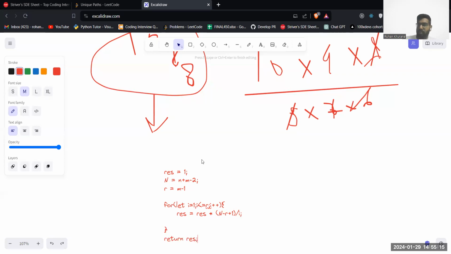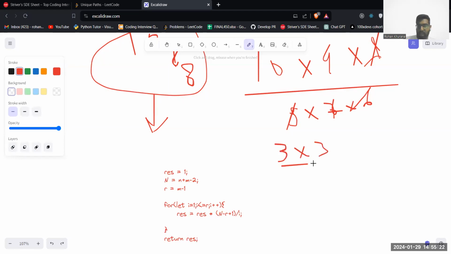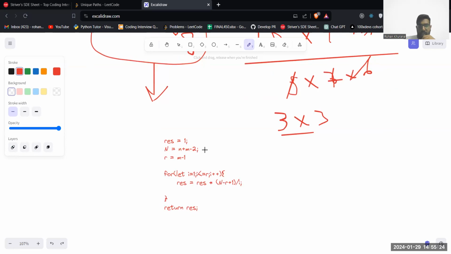Let's try to understand. Again, we are given a 3 cross 3 matrix, and we already know the answer for it. N is 3 plus 3 minus 2, so it is 4, and R will be 2, N minus 1 or M minus 1, whatever.